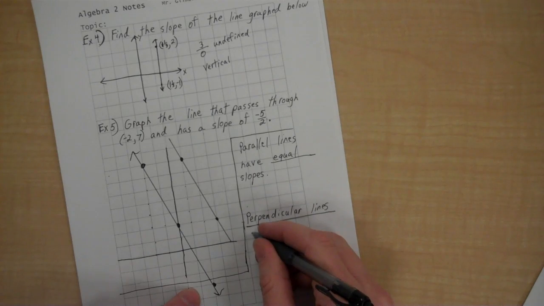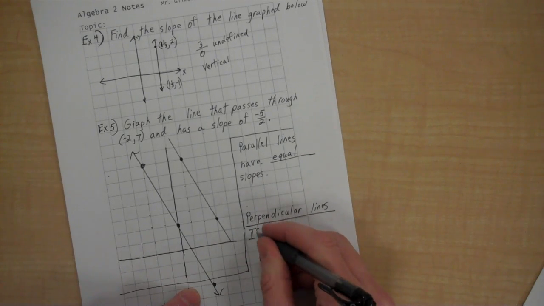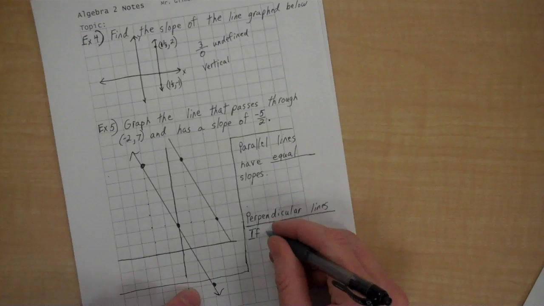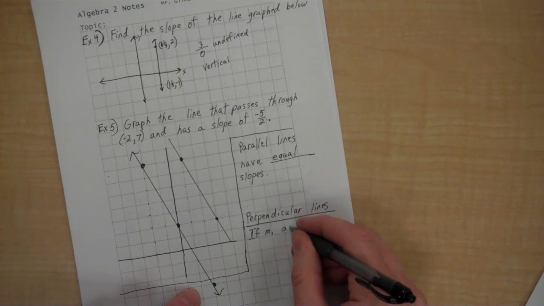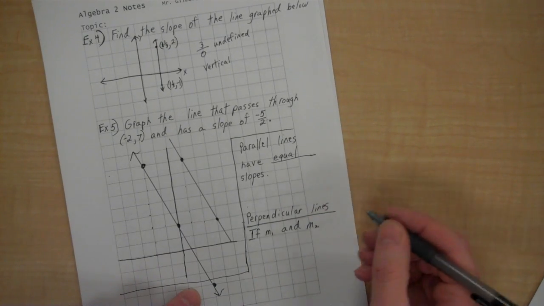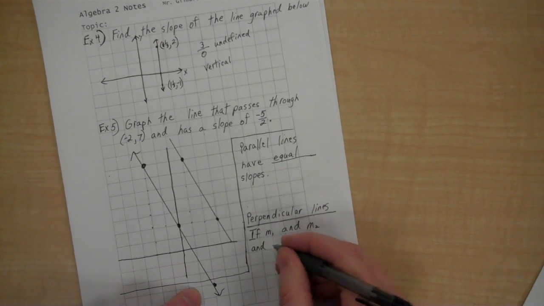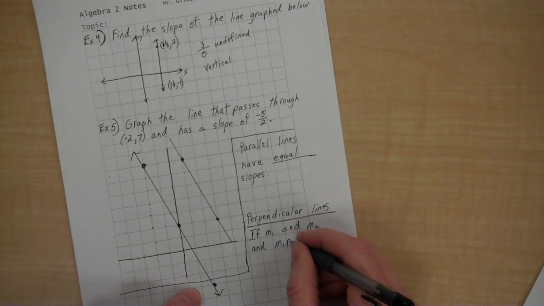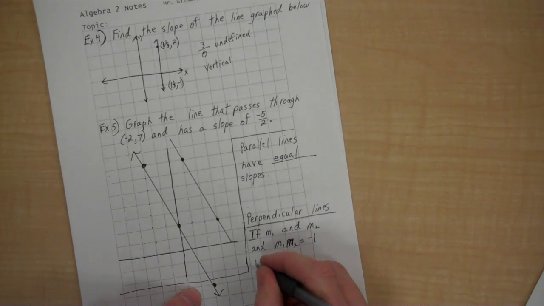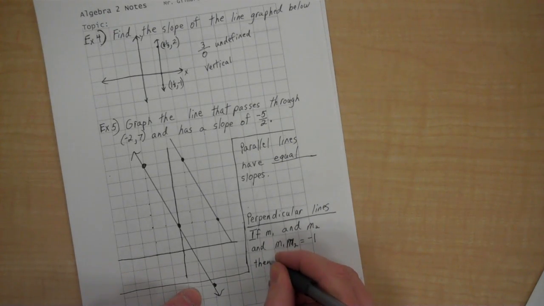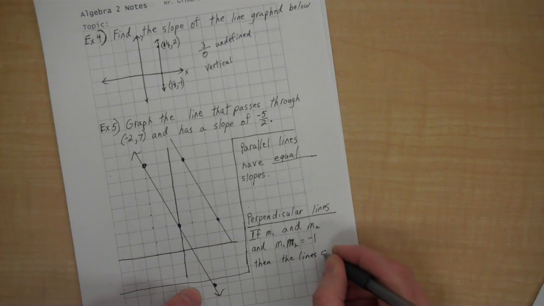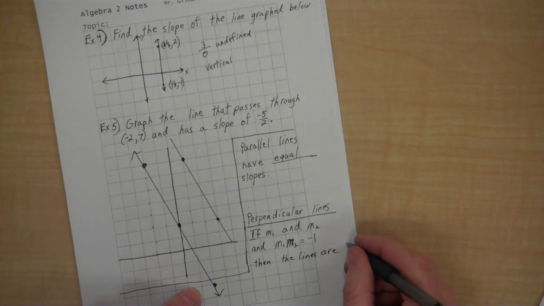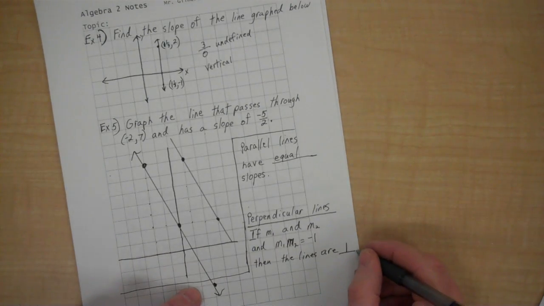what should be said about that is if M1 is the slope of one line and M2 is the slope of another line, and M1 times M2 equals -1, then the lines are perpendicular.